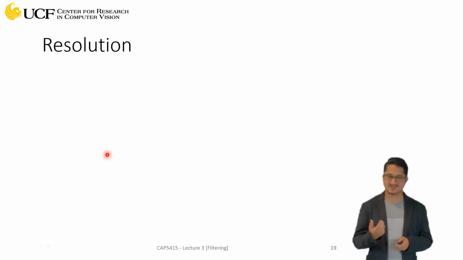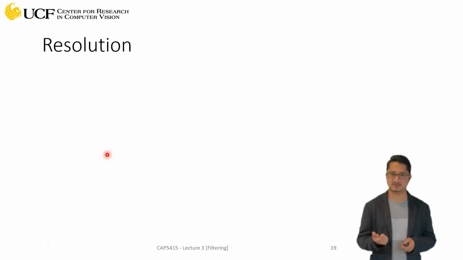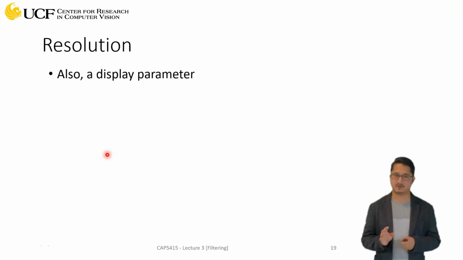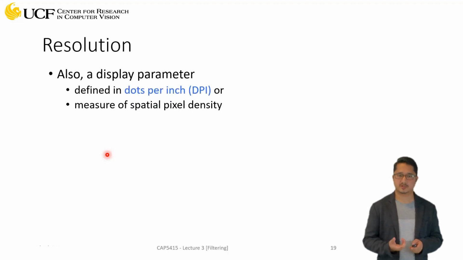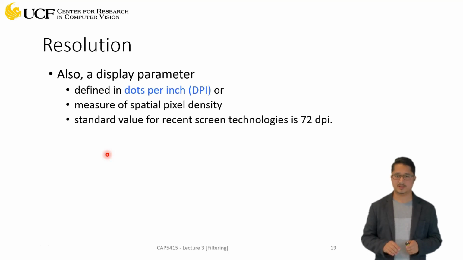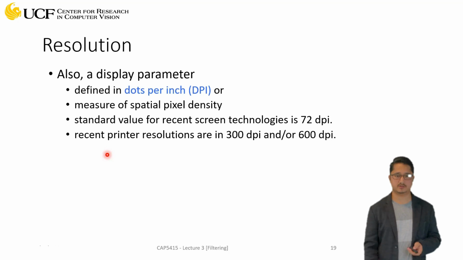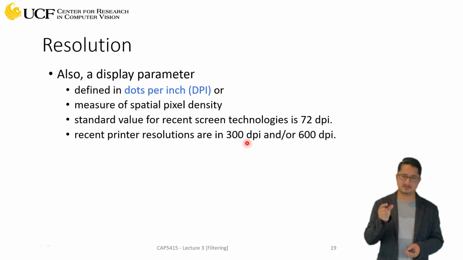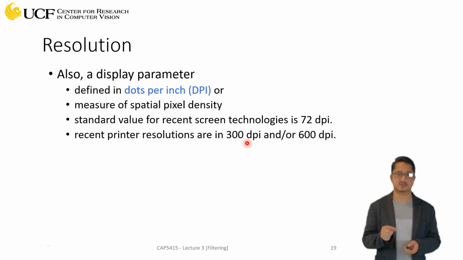Now, there's another interesting aspect. Again, it's resolution, but it's different from the image resolution I told you about, which defines how many pixels you have. It's called dots per inch. This has significance to your 3D environment. You might have heard that your images have, let's say, 72 dpi or 300 dpi. This is kind of a norm, which means that if you measure a distance of, let's say, 1 inch in the real world, then this is how many pixels that 1 inch will be.